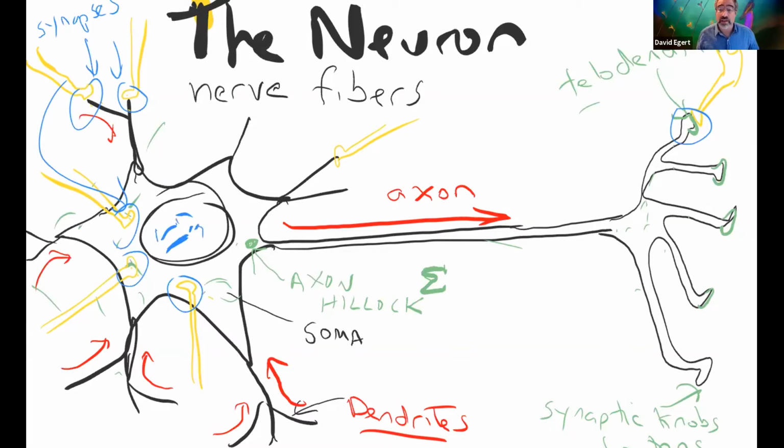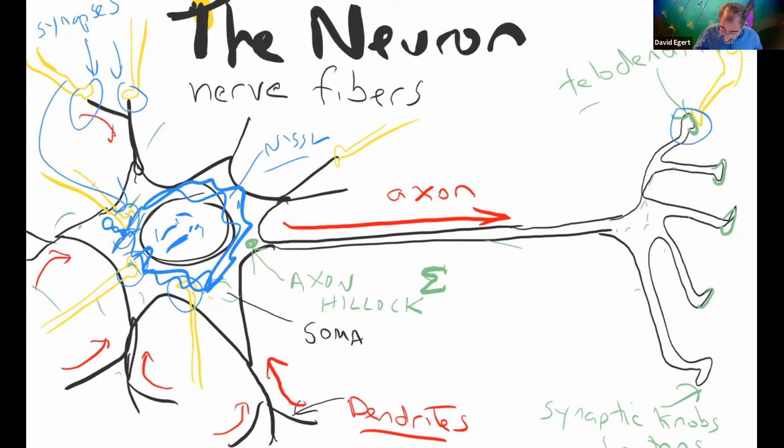This is where we're going to have lots of rough endoplasmic reticulum making all sorts of stuff that the cell needs. When people first were studying these, they didn't even know what endoplasmic reticulum was. They just knew that it stained darkly inside the cell. They sometimes call it the Nissl substance. It's just rough endoplasmic reticulum making lots of proteins.